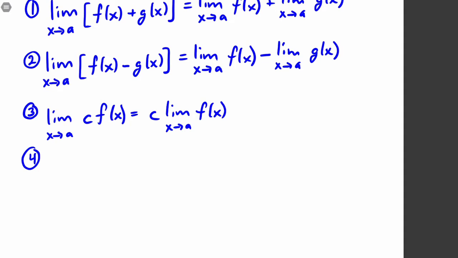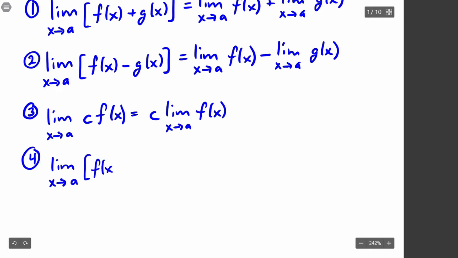All right, so we have addition, subtraction, multiplying by a constant. Well, why not multiply two functions together? How about the limit of f of x times g of x? What are we going to get out of that? Well, again, there's always a worry in math about whether things work out the way we hope they do. This is always something we need to check.